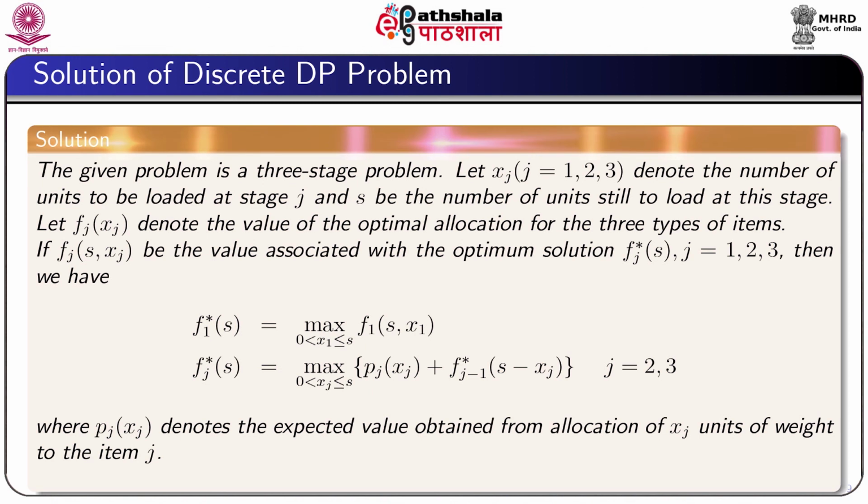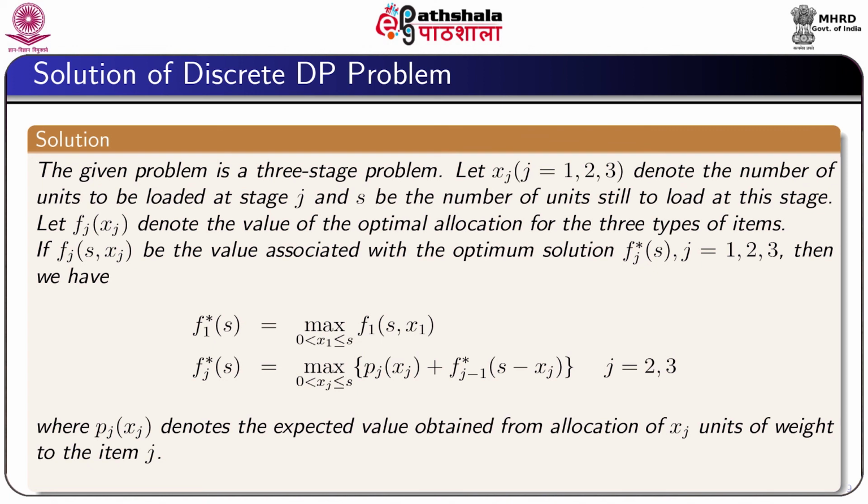Here we have to determine how many units of the 3 items, item 1, 2 and 3, are to be loaded. So, it is a 3-stage problem, and we assume xj as the number of units to be loaded at stage j, and s be the number of units still to load at this stage.